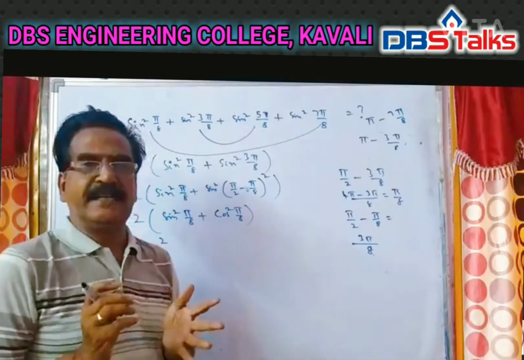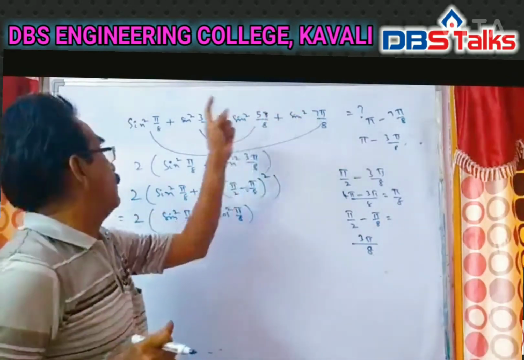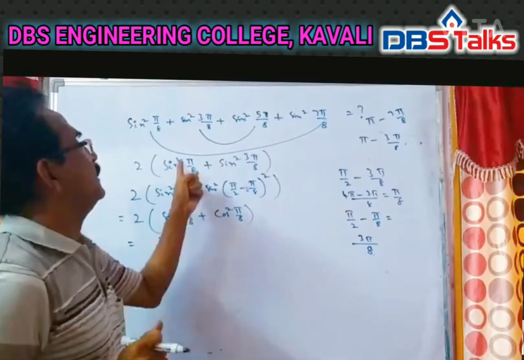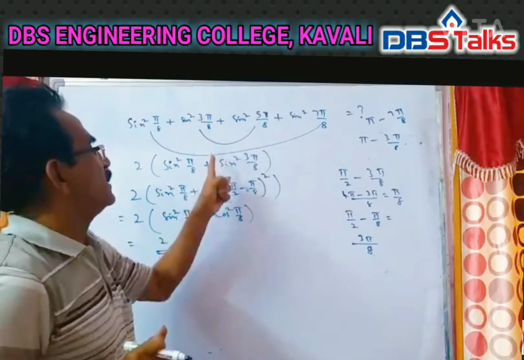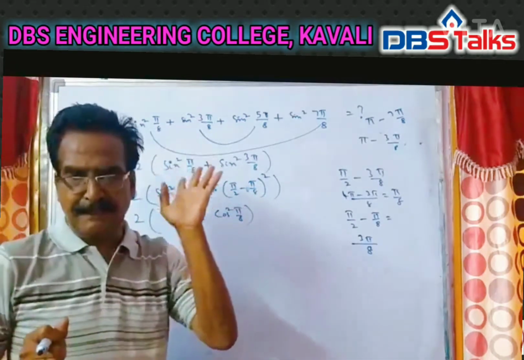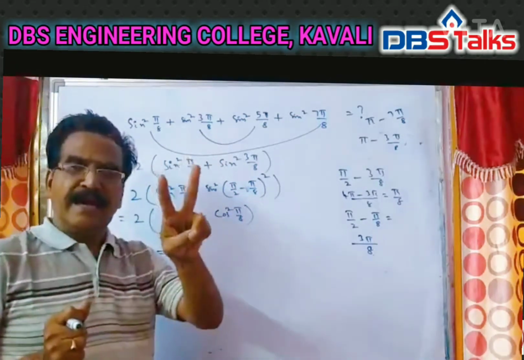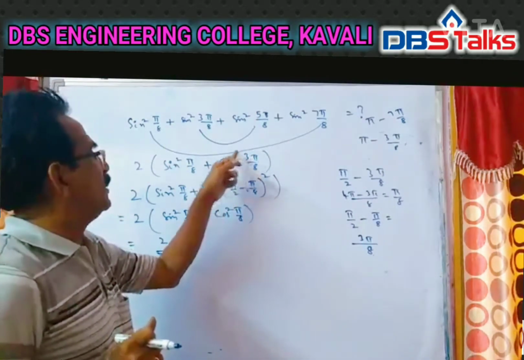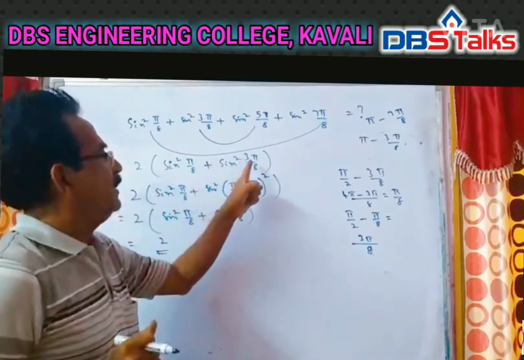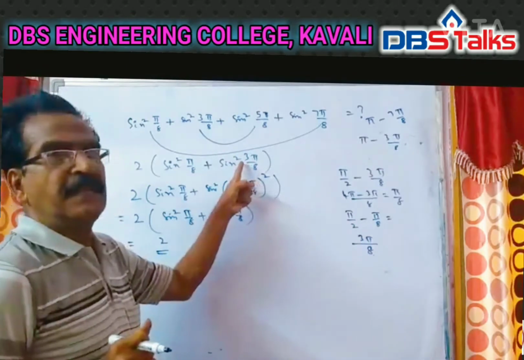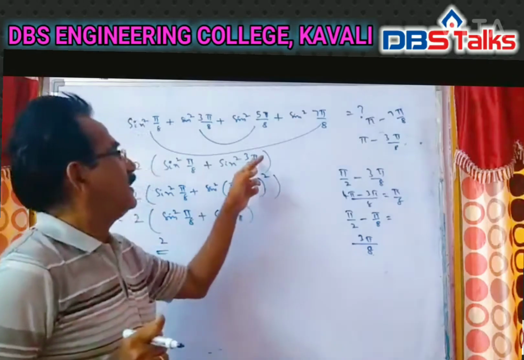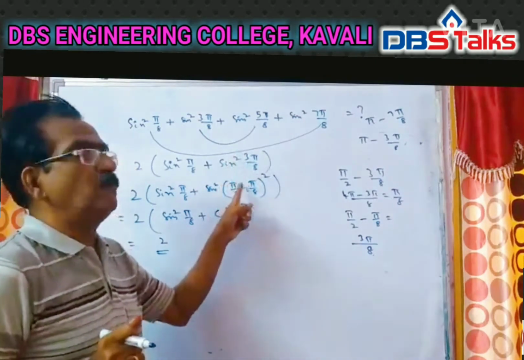Right friends, very clear. So 2 sine square pi by 8 is one step. And the second step is you can change this one or you can change this one. 3 pi by 8 is equal to pi by 2 minus pi by 8.